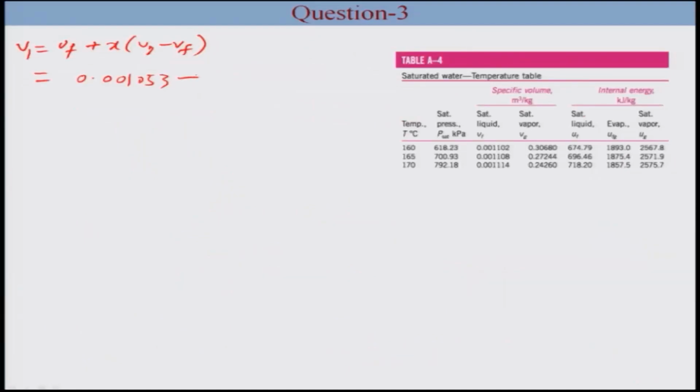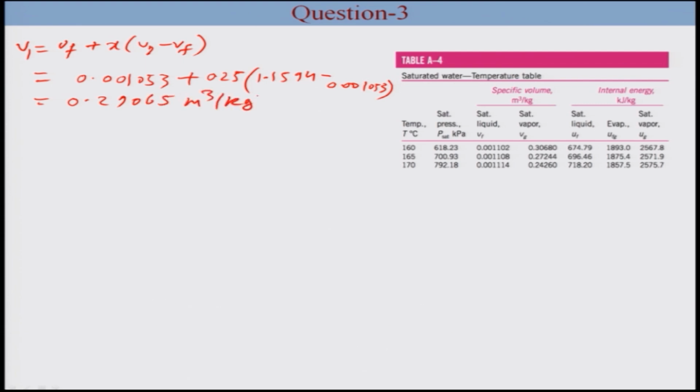So 0.001053 plus 0.25 into (1.1594 minus 0.001053). Okay, so this gives us 0.20905 meter cube per kg.